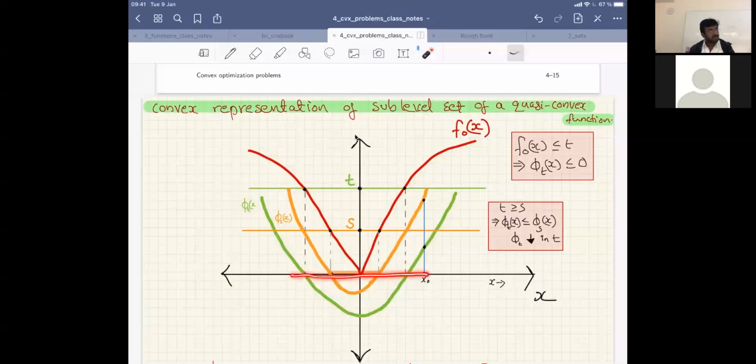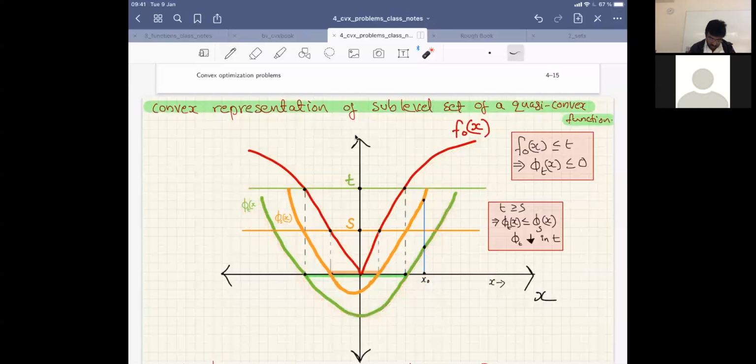You draw a line here, the value is 0, so all these points. What is the set corresponding to that? It is the same set. So corresponding to the t-th sublevel set of our original quasi-convex function, the red function, we are constructing a new convex function, the green function, whose zeroth sublevel set is the same.